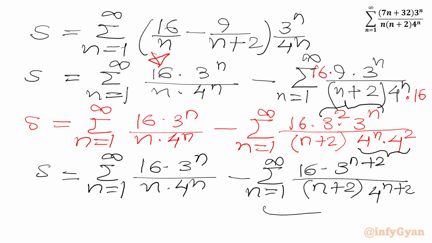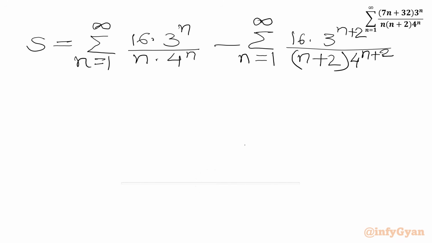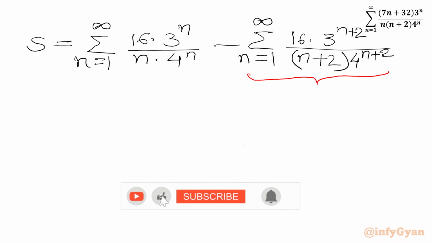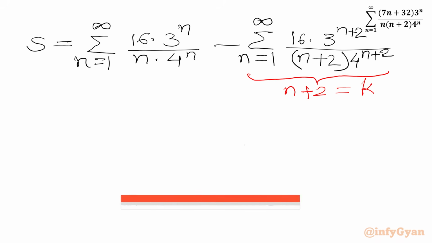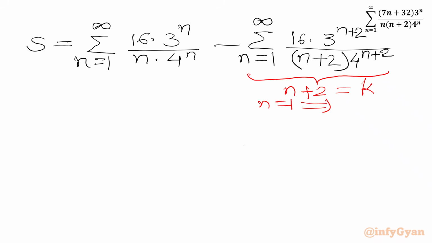Now for this sigma we can consider n + 2 equal to k. So let us assume n + 2 = k for this sigma. When n is equal to 1, k will be equal to 3. So we will change our sigma n values in terms of k. If n tends to infinity, then k will be infinity.